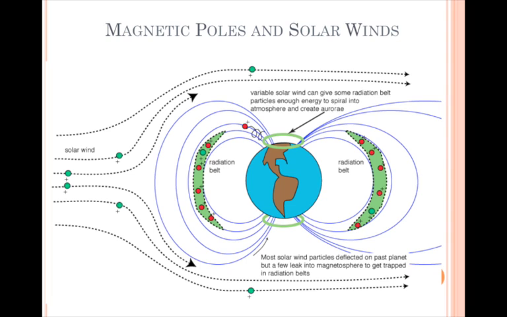Solar winds and flares that come from the sun are deflected from the Earth's atmosphere through these magnetic fields. Also, these magnetic fields cause what we call the aurora borealis up in the northern hemisphere around the pole. This is from the debris from the solar flares interacting with the magnetic fields.